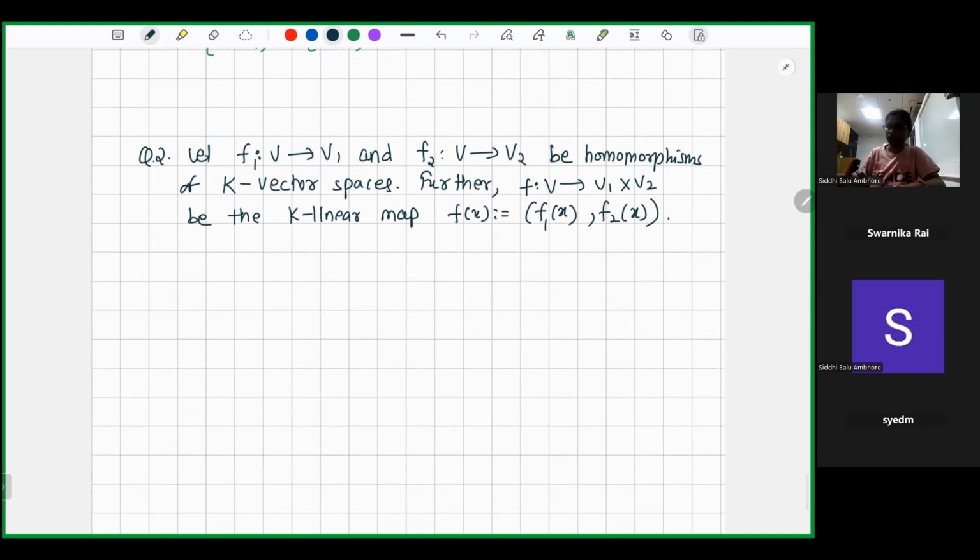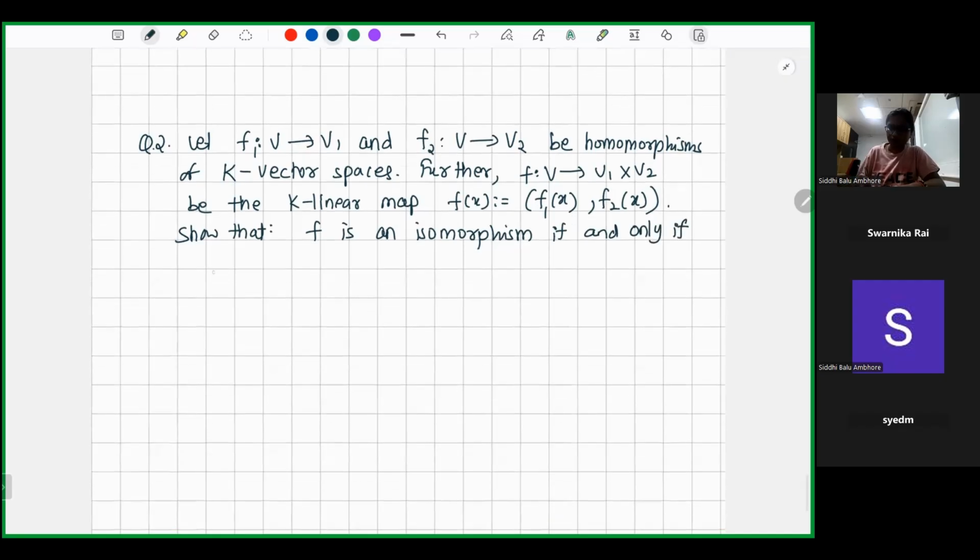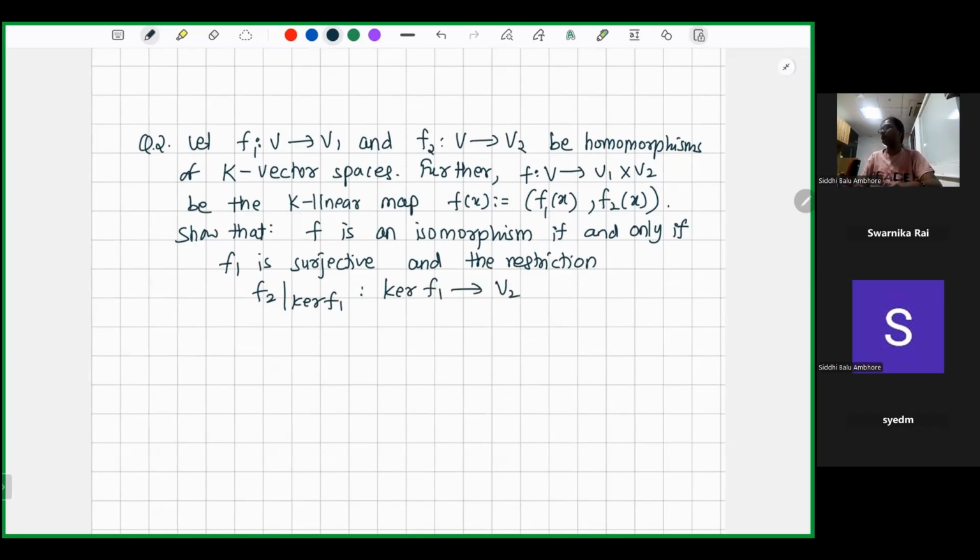We have to show that F is an isomorphism if and only if F1 is surjective and the restriction of F2 to the kernel of F1, that is, this map from kernel of F1 to V2, is bijective.